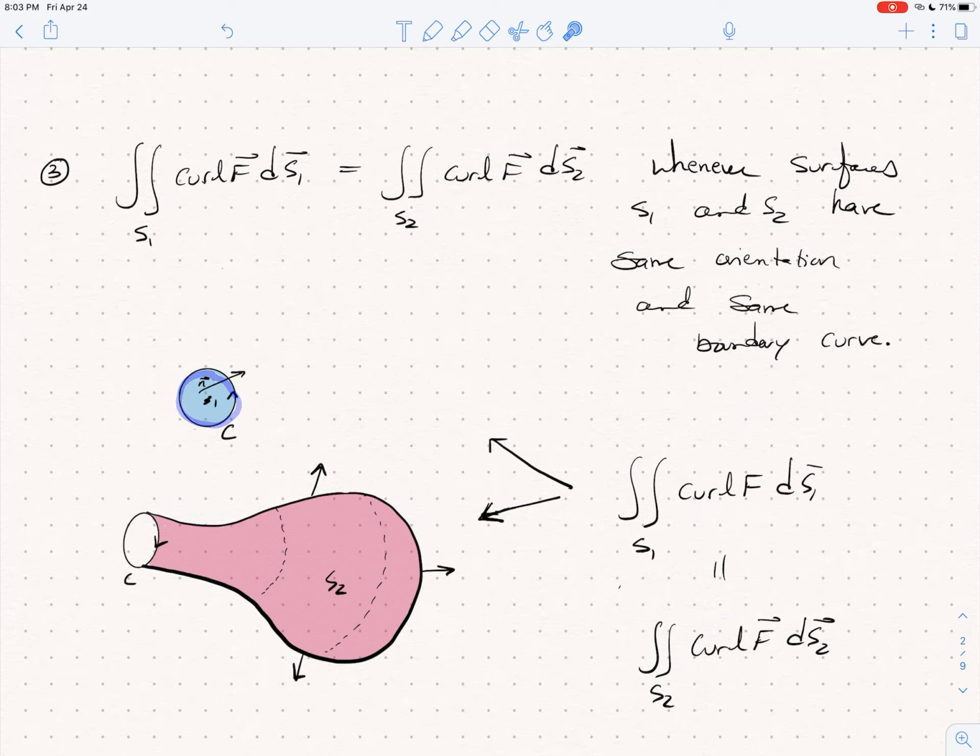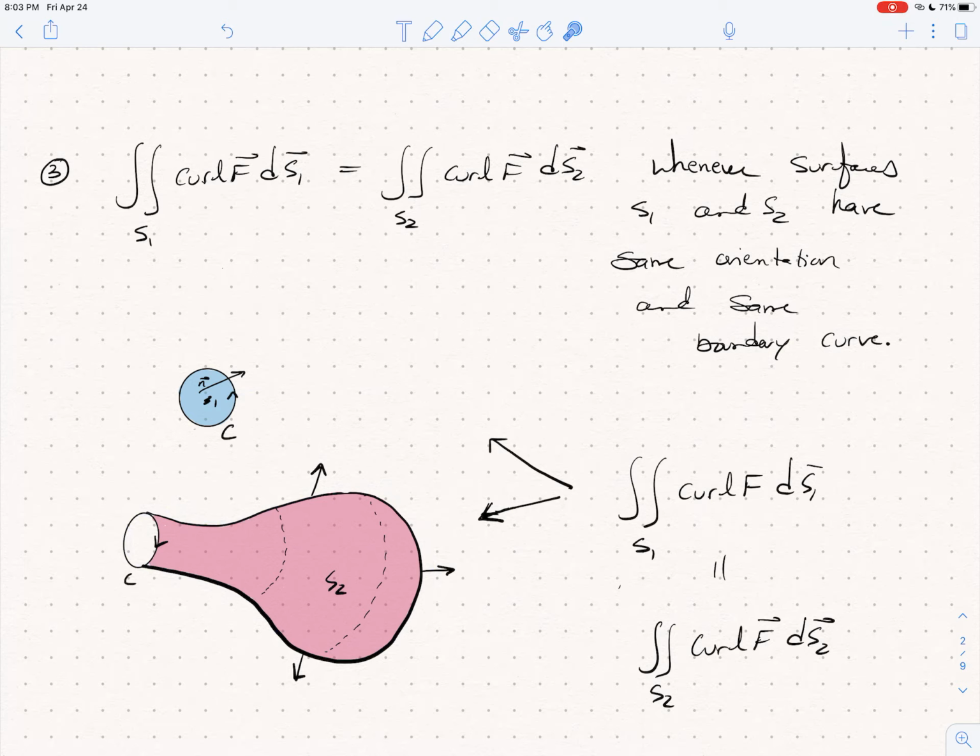So here, I've got this surface in blue with this boundary curve, and I've taken the same boundary curve, but imagine that this blue thing was like the little thin film when you're blowing bubbles. I dip this thing into the bubbles and I blow on it and I blow out this hot air balloon shape. So same boundary curve, very different surface.